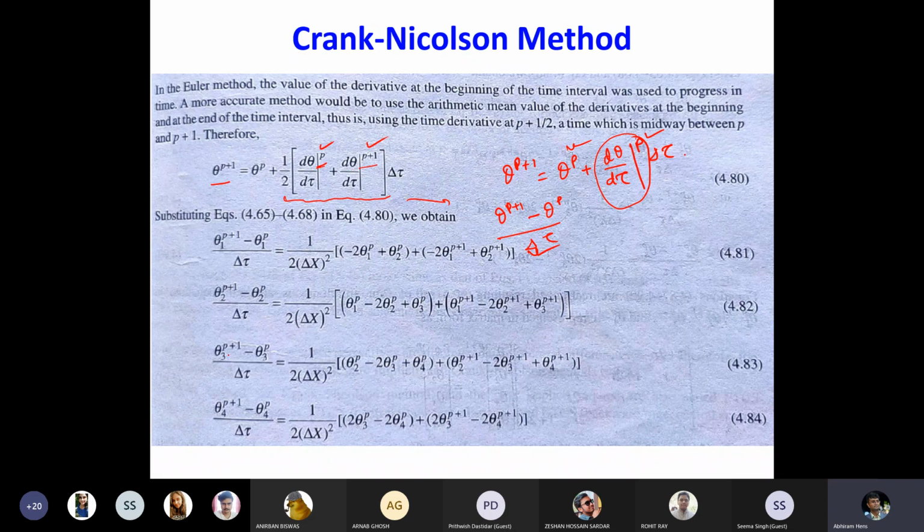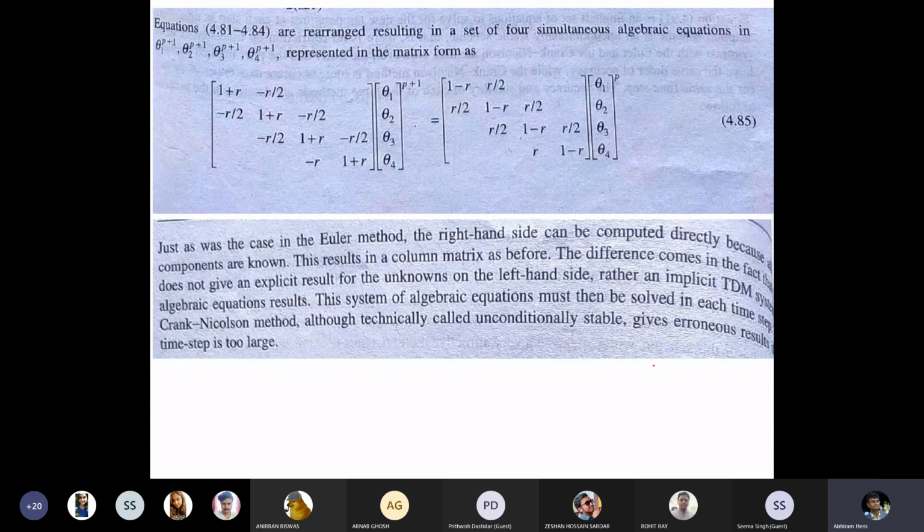And if you put all these values, then the equation will again be like this. If you do a little bit of algebraic manipulation, you will see that you can present that matrix again in this form.